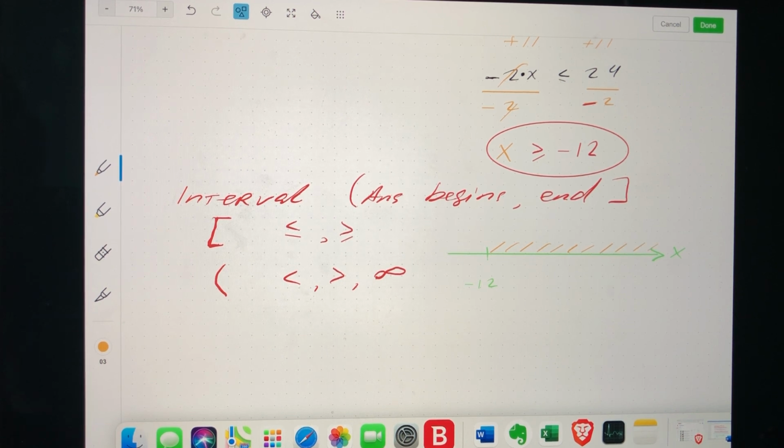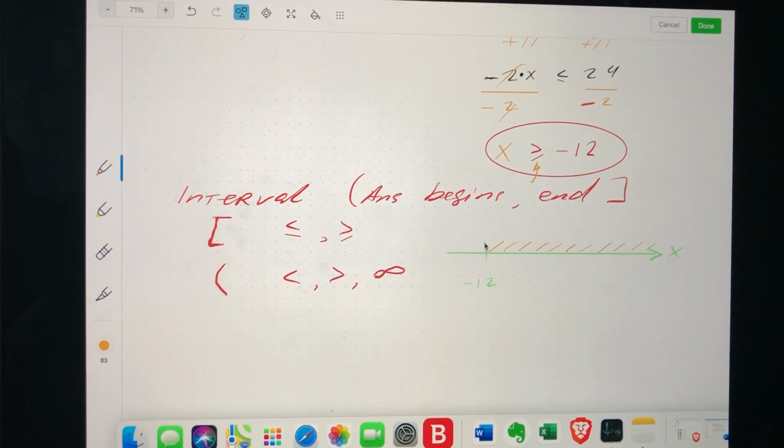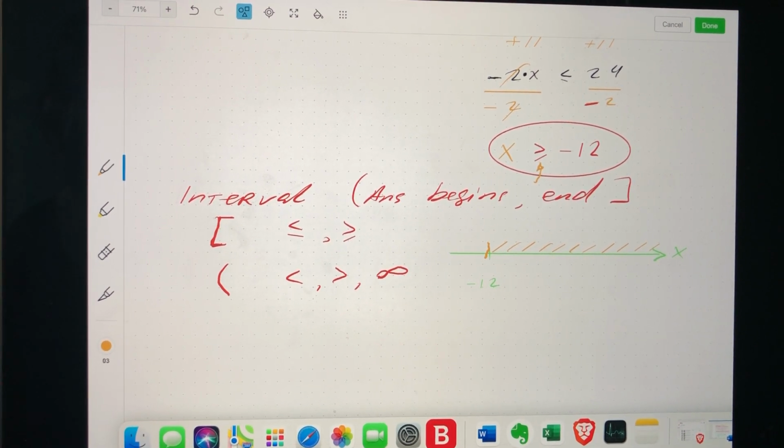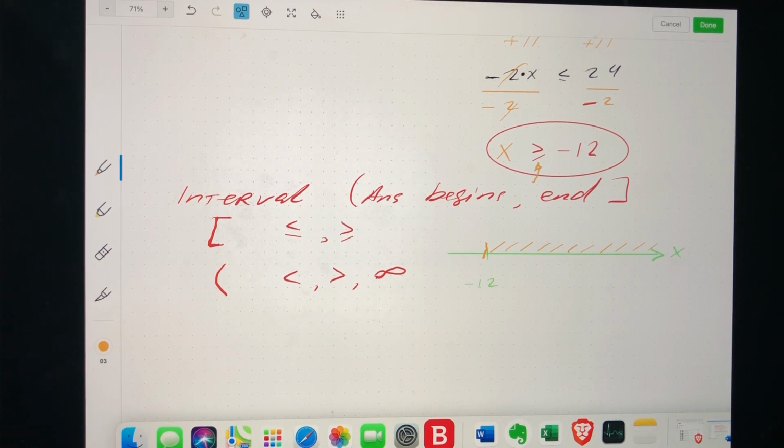Now the negative 12 itself had an equal sign with the inequality, so that's a bracket, as opposed to parentheses. So this visual diagram, that's not itself an interval notation, but sometimes it may be useful to somebody who's trying to write an interval notation.